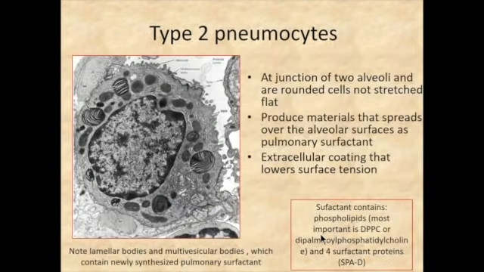Okay. Type 2 pneumocytes are harder to see on a histology slide, but we'll be looking around for some anyways. But when you look at an EM, they look really neat because they have these structures called lamellar bodies, and it almost looks like a layered shell or rock. And they also have multivesicular bodies that are also here.